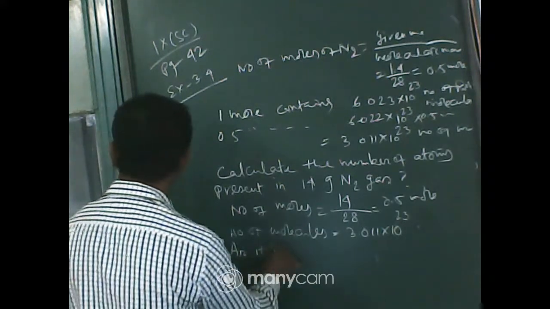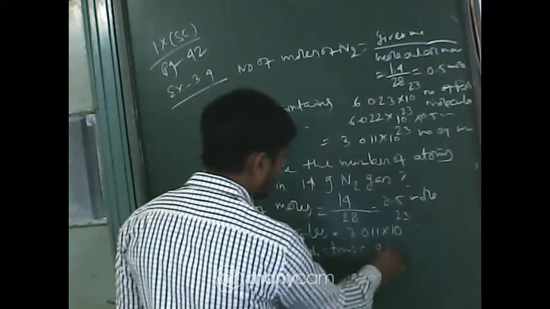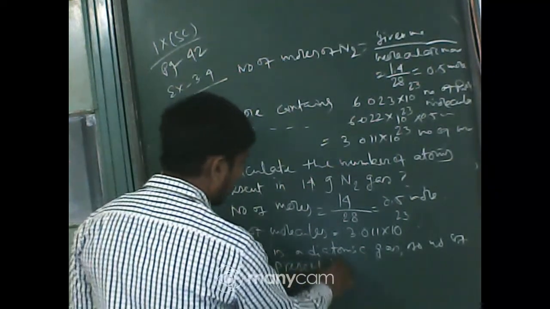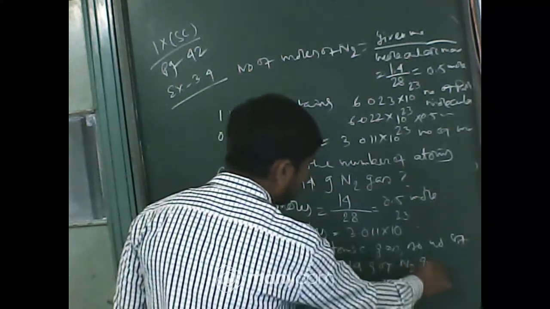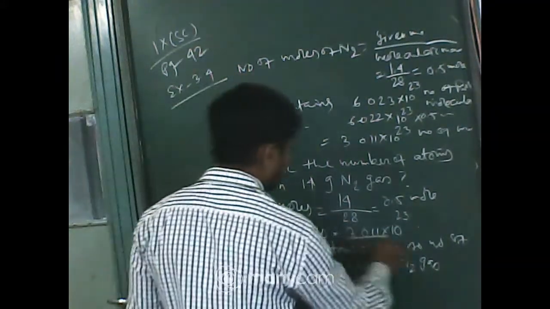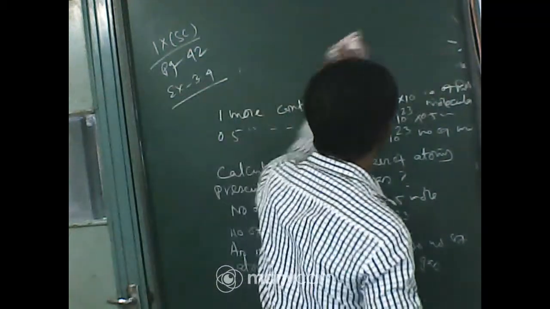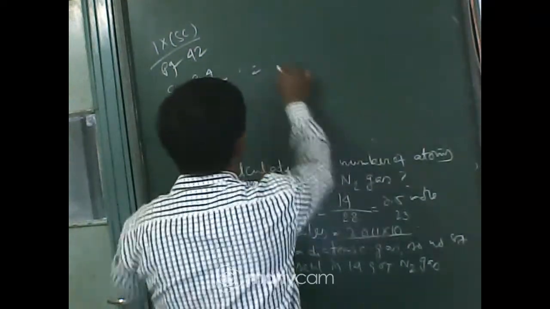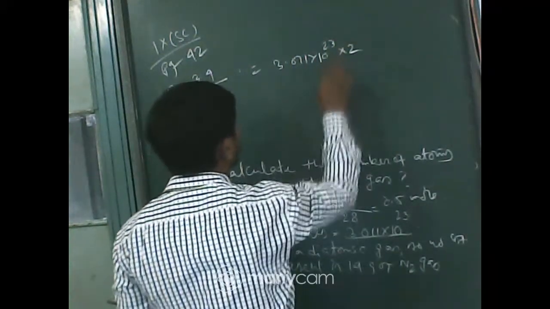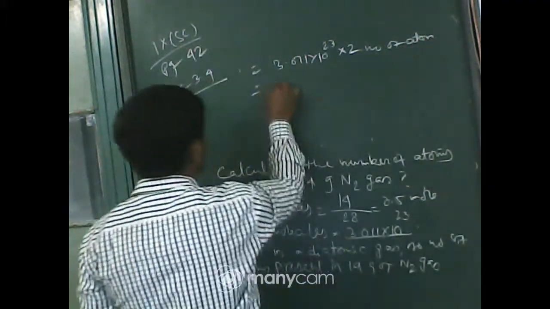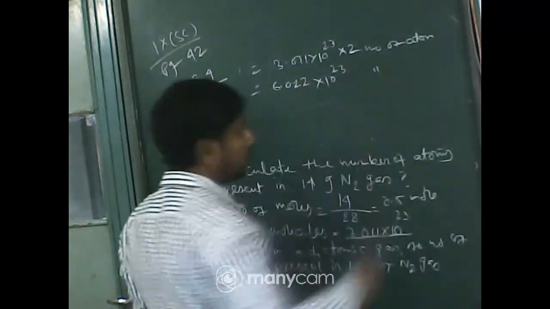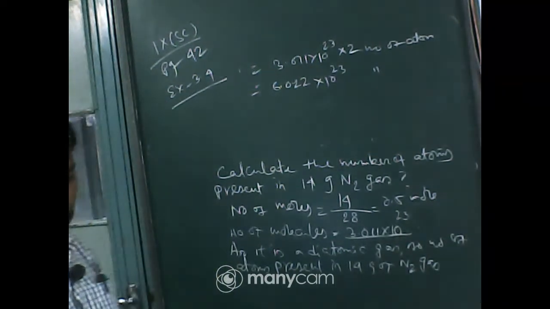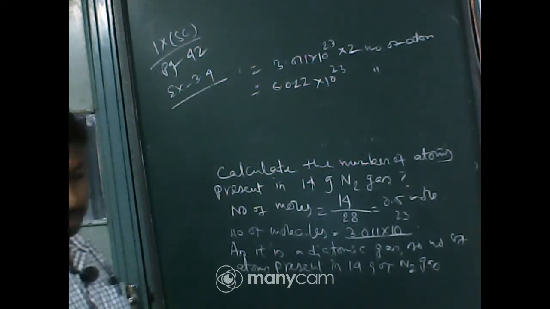So the number of atoms present in 14 gram of N2 gas is equal to this value into 2, that is 3.011 into 10 to the power 23 into 2 number of atoms, that is equal to 6.022 into 10 to the power 23 number of atoms. Na means Avogadro's number.